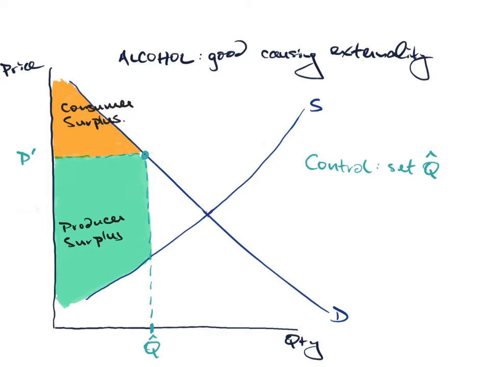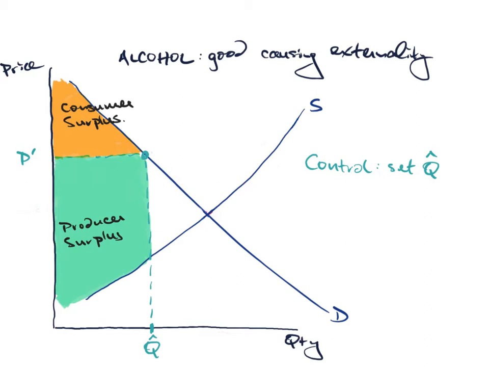Producer surplus is the area below the price that producers receive down to the supply curve as far out as the quantity sold. So it's this blue area. That represents essentially profits. Controlling the quantity is profitable for sellers.